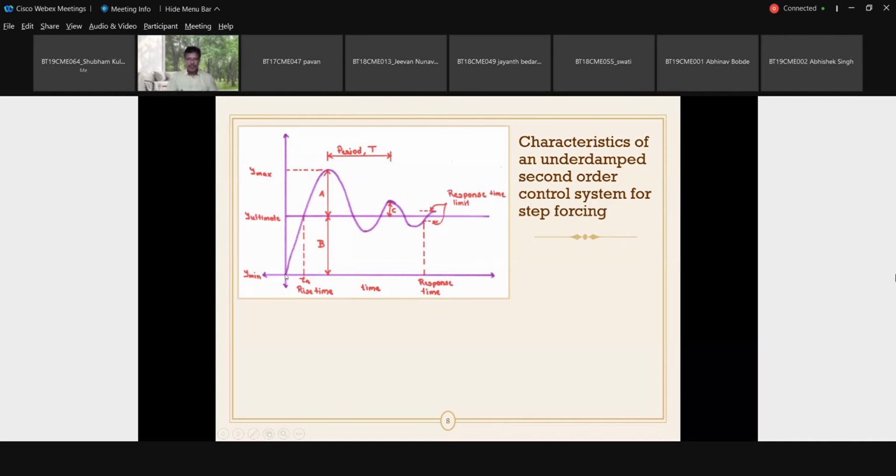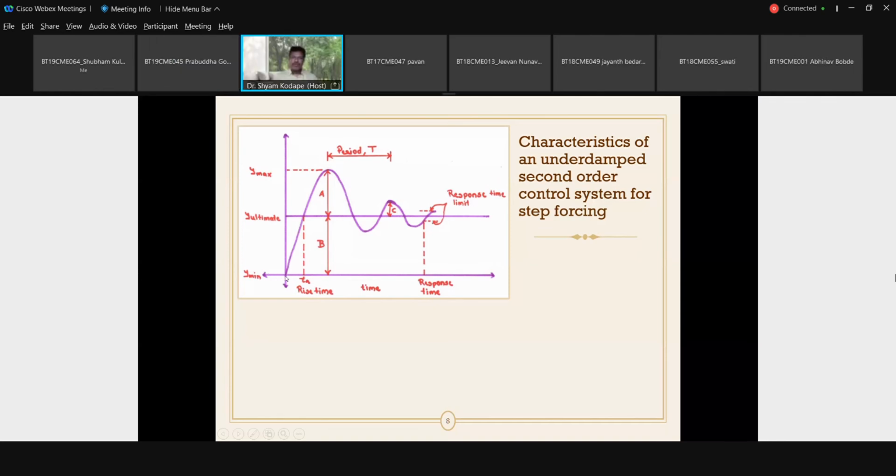Yes, sir. Okay, y minimum represents that at time t equal to 0 it was at steady state there, and y minimum to y ultimate means the change has come into the input x(t).